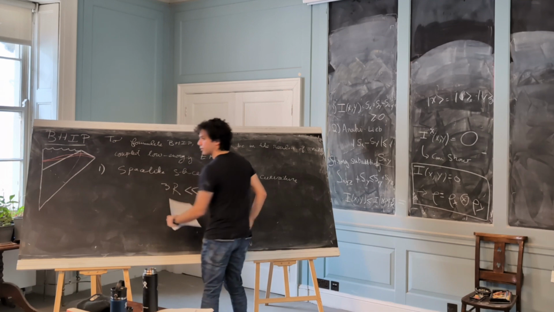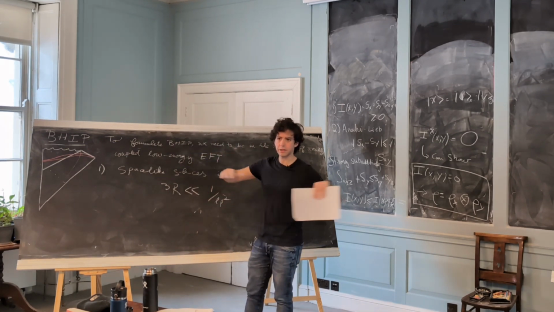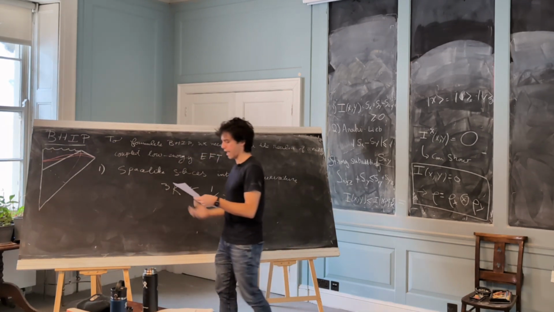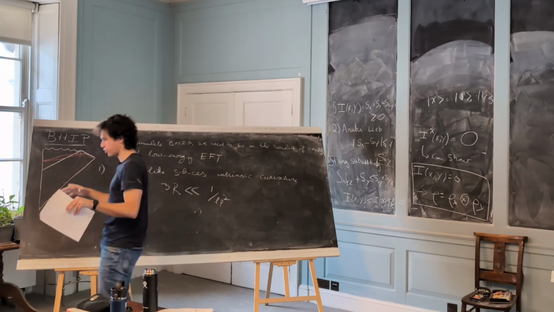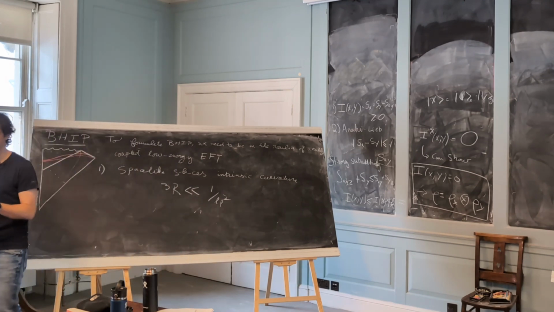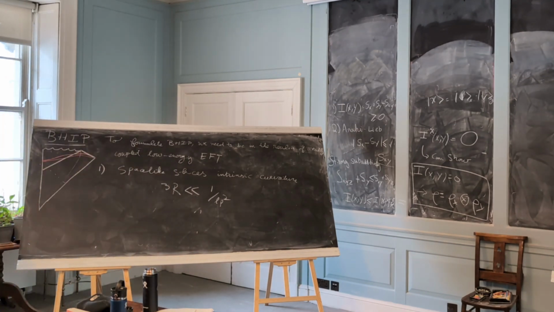So it's a 3-curvature because this is a slice. And there has to be no place in this Cauchy slice where I bunch up a bunch of curvature. Because if I do, then I'm outside of the realm of weakly coupled, weakly curved EFT.